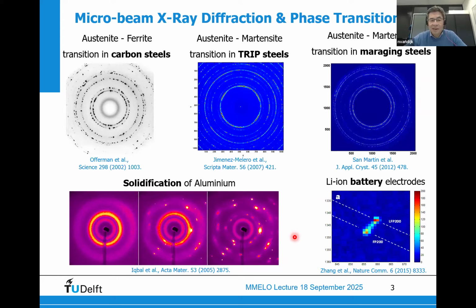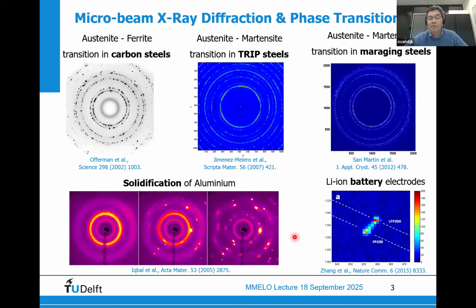And this work started together with Eric Offerman, who you all know in this community, on the phase transformation in carbon steels from the austenite to ferrite transition, but we continued with various other transitions like austenite to martensite in TRIP steels and in maraging steels. And we have looked at solidification, where you go from a liquid phase to a solid phase.